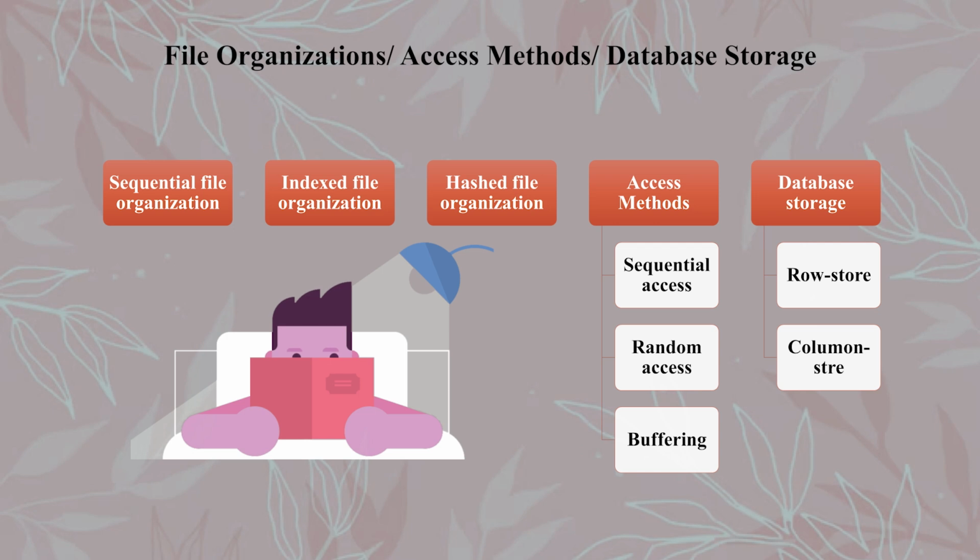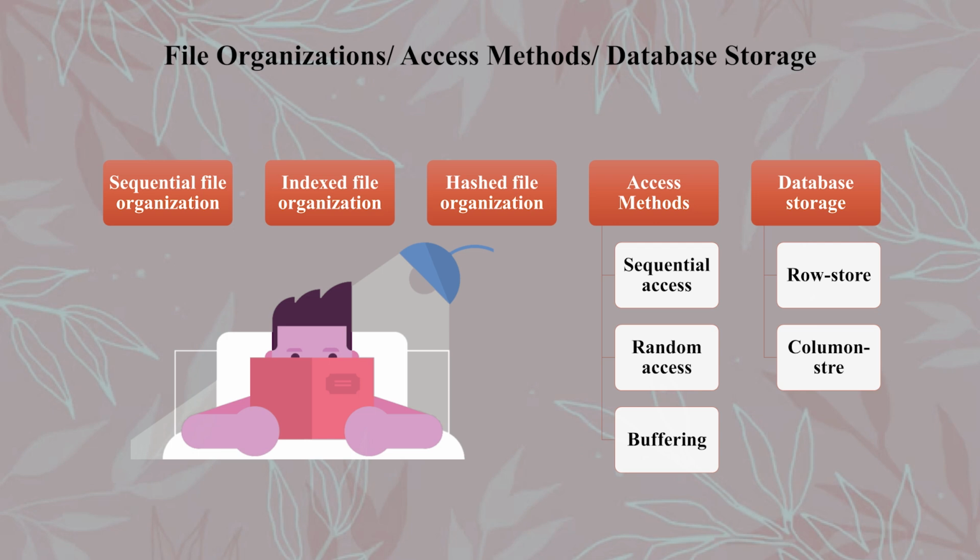Access method refers to the techniques used to access data, including sequential access, where data is retrieved in a sequential manner, and random access, where data is retrieved directly using an index or hash function. Then buffering, where data is retrieved and stored in a buffer for faster access.